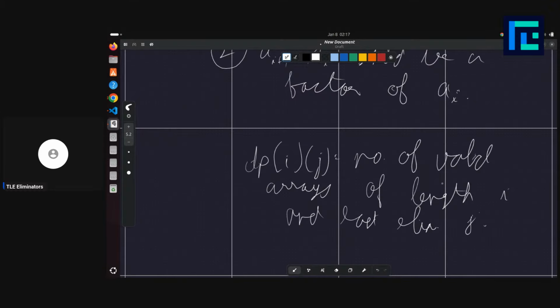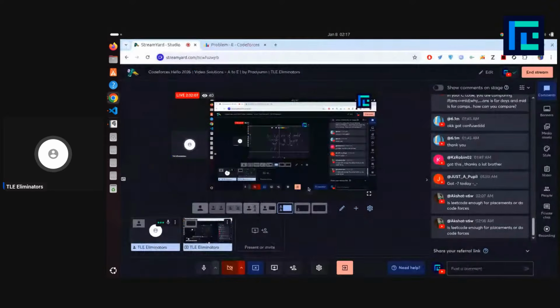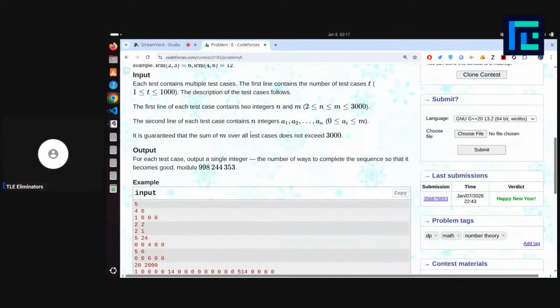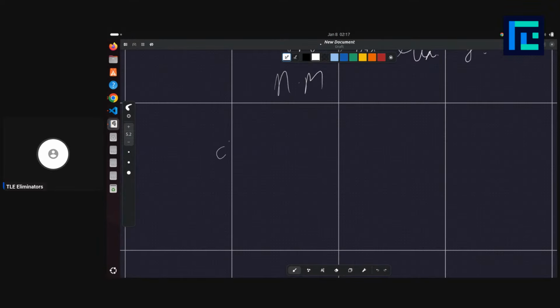So this would be an n into m dp, and n into m would work because n and m are given to be 3000. And basically dp[i][j] means you have an array of length i and the last number is j.